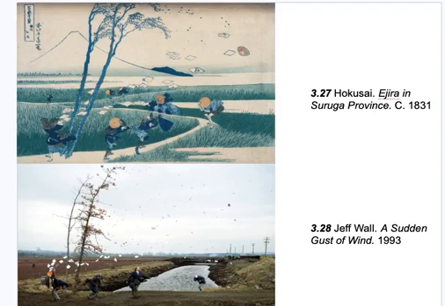He builds a set or scouts a location, he sets up the lighting or waits for the right weather, and he costumes and poses his models. Often, as here, he uses digital technology to combine many separate photographed elements into a single image. Wall displays the finished works as large format transparencies lit from behind. A Sudden Gust of Wind is almost the size of a billboard, and it does glow.